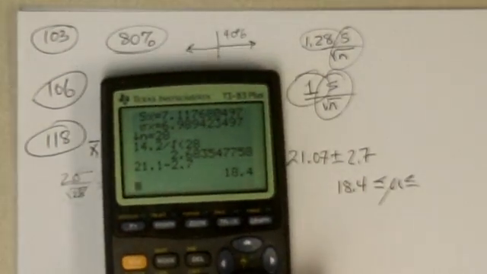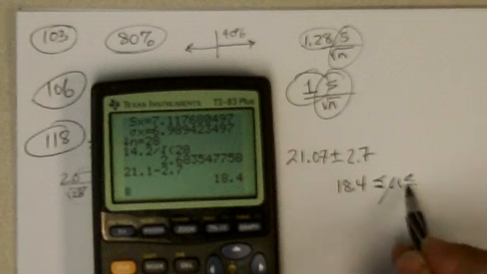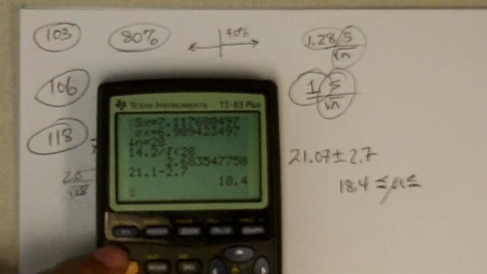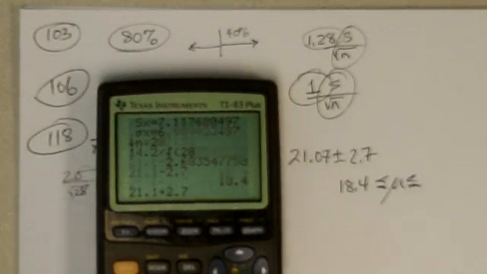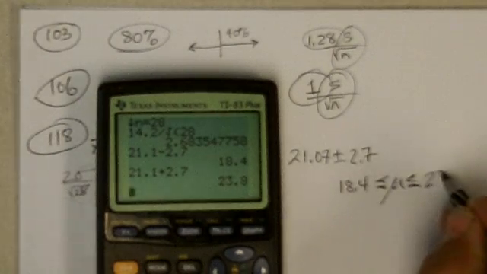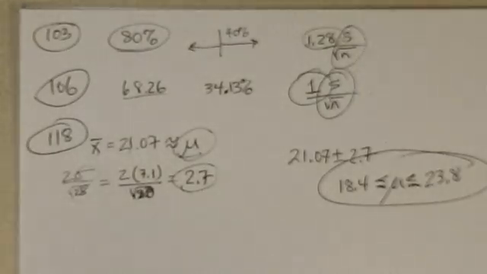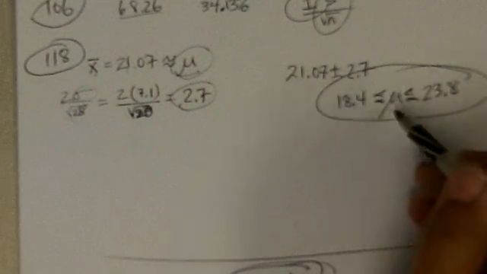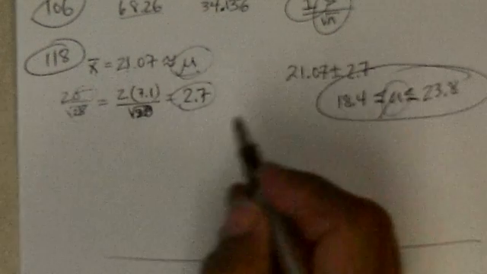You could just do between 18.4 and 21.1 plus 2.7, which is 23.8. Okay, 95% sure that's what the wind on average would be for all the wind measurements.